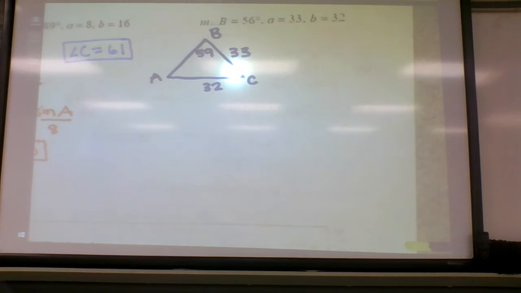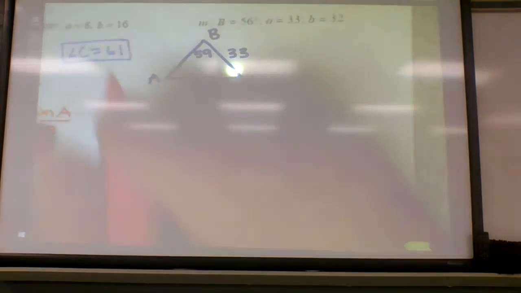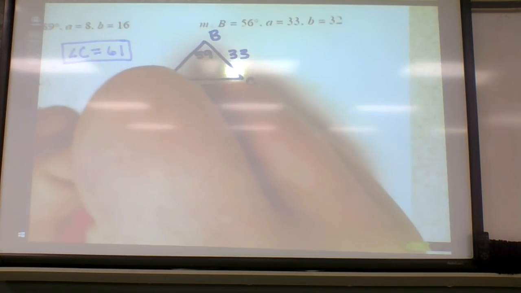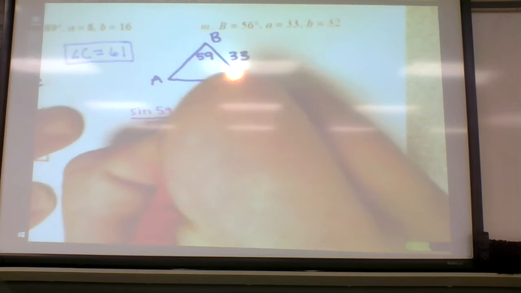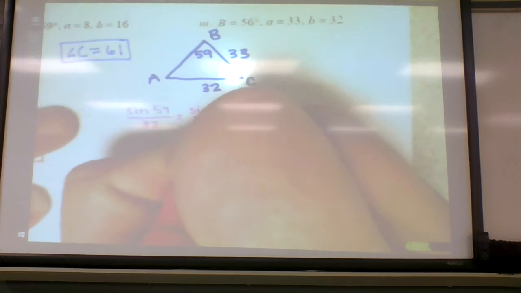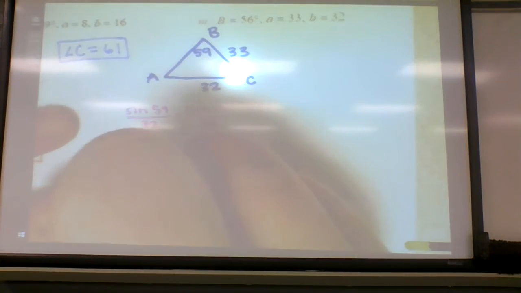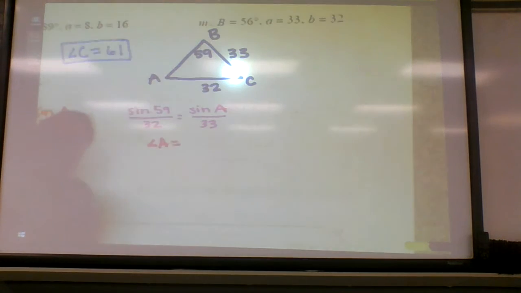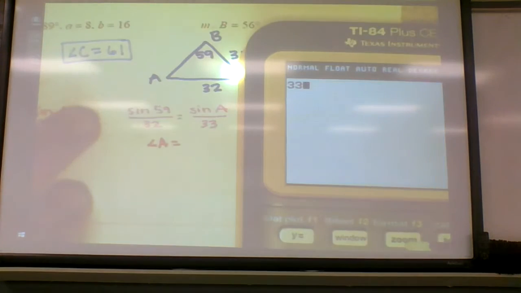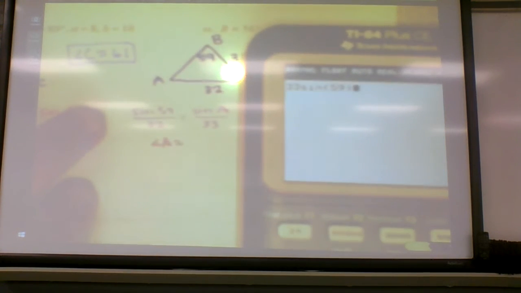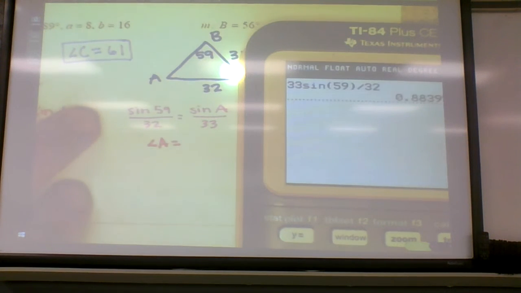What do we need to find first? We have to find angle A first. So we're going to say the sine of B over side B equals the sine of A over side A. And that will tell us angle A. This will be 33 times the sine of 59, close the parentheses, divided by 32.